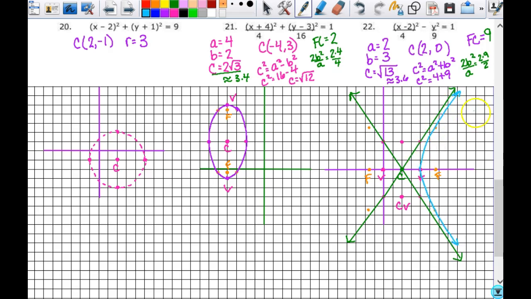Remember to make sure it doesn't curve back in, because that's why we have an asymptote there. Looks something like, oh, see that one curve back in. There we go. And there you go. Not too bad. Okay, and then the other review will be in a different video.